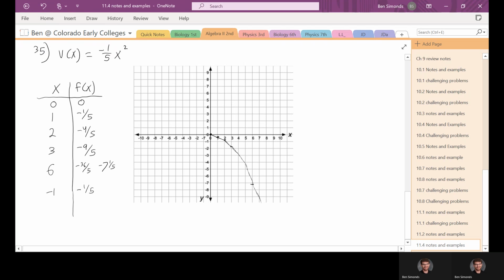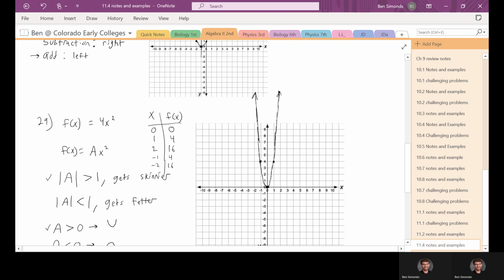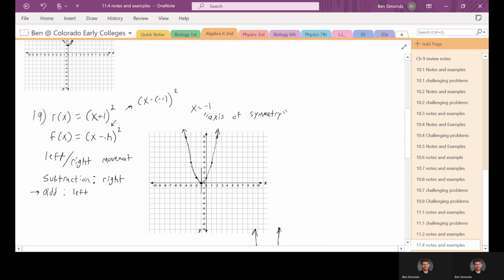So we're going to have a symmetrical situation, and you'll always have a symmetrical situation as long as h equals 0, right? As long as h equals 0, the axis of symmetry is going to be at x equals 0, which is the y-axis. The only time that we move left or right is if we add or subtract something to x inside the square, inside the parentheses.